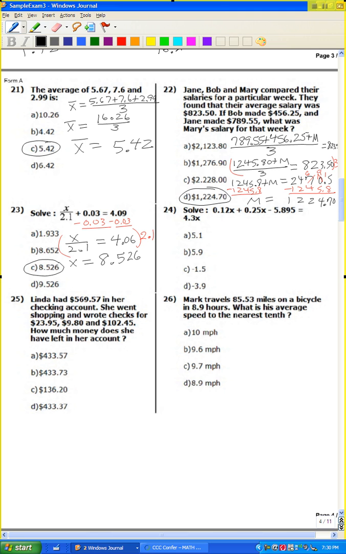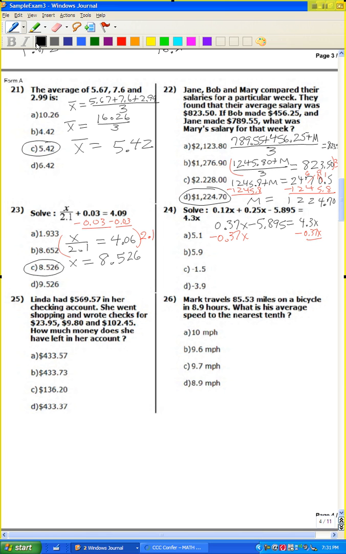24. Combine like terms. So you're going to get 0.37x minus 5.895 equals 4.3x. Subtract 0.37x from both sides of your equation.